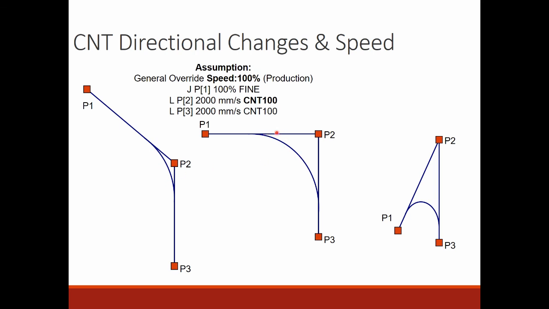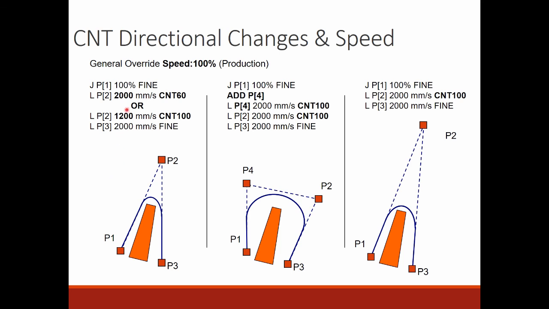Whereas in this example, it had to slow down, or the path took it further away from P2, because the angle was a little bit smaller than in this example over here. In this example, it's even further away from P2 as a result of the much smaller angle between P1, P2, and P3.